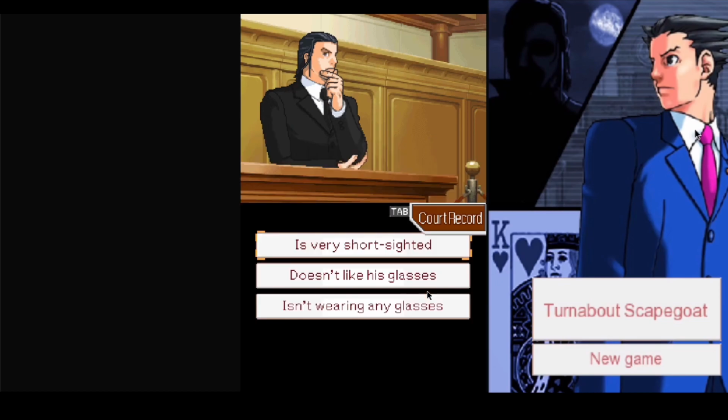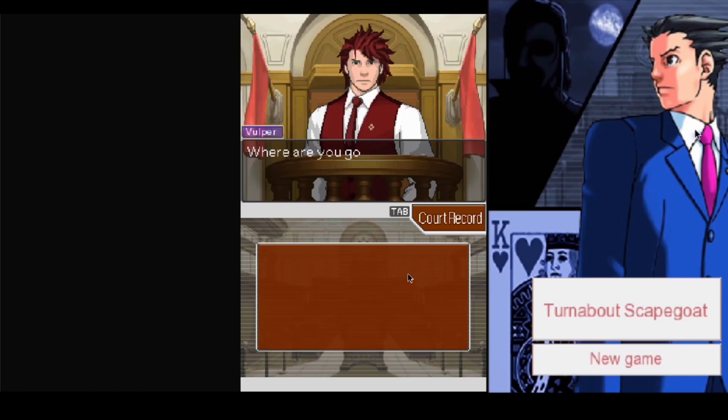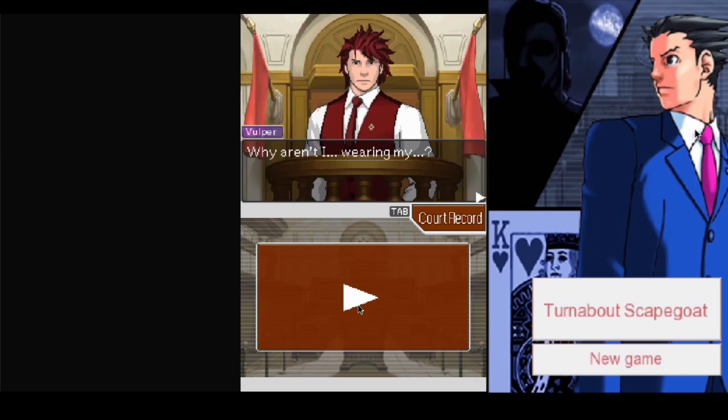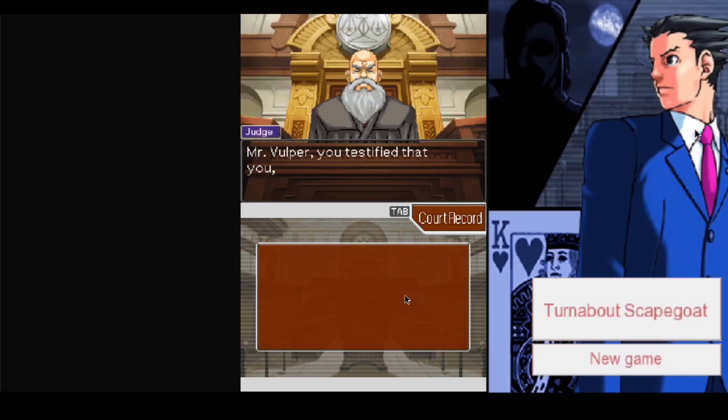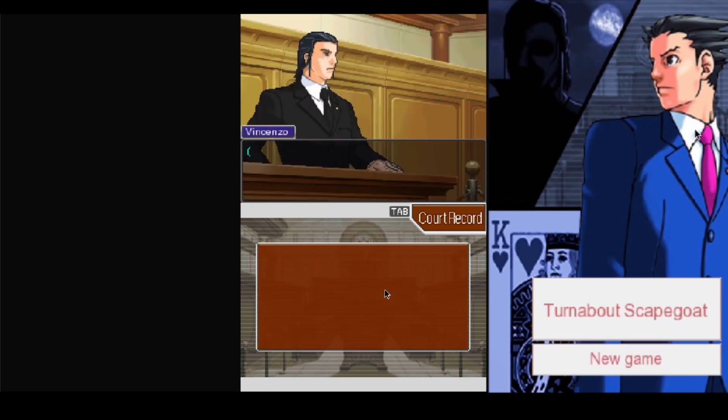I noticed that Vulper isn't wearing any glasses. So these glasses are important to you, yes? Where are you going with this? Oh, I think you know. If these glasses of yours are so important, then why aren't you wearing them? Why aren't I wearing my... Mr. Vulper, you testified that you can't see squat without them. So why are you not wearing them here in this courtroom? I have them in my pocket. Yeah, that's it. I can cope without them in a courtroom. So I have them in my pocket.